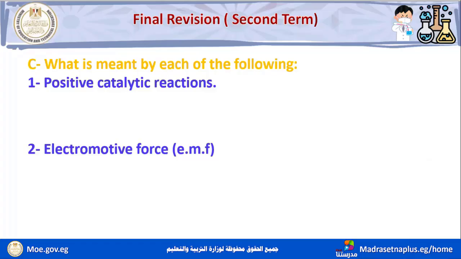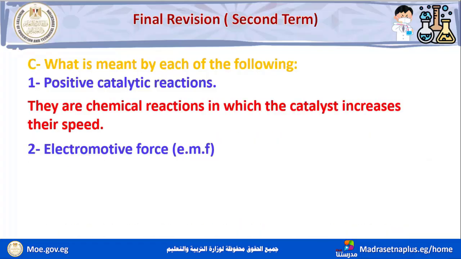Letter C, what is meant by each of the following? Number 1, positive catalytic reactions. They are chemical reactions in which the catalyst increases their speed.